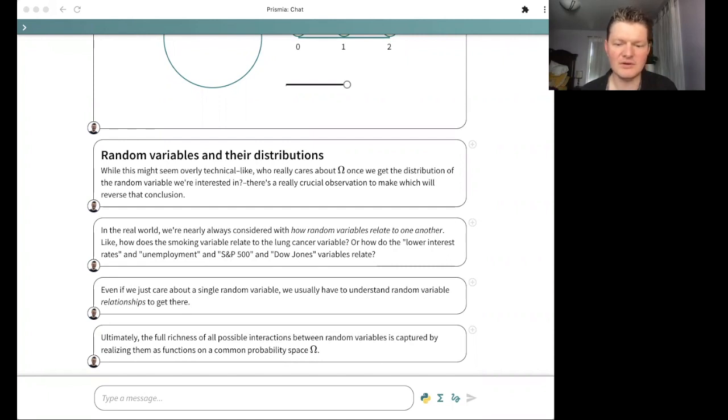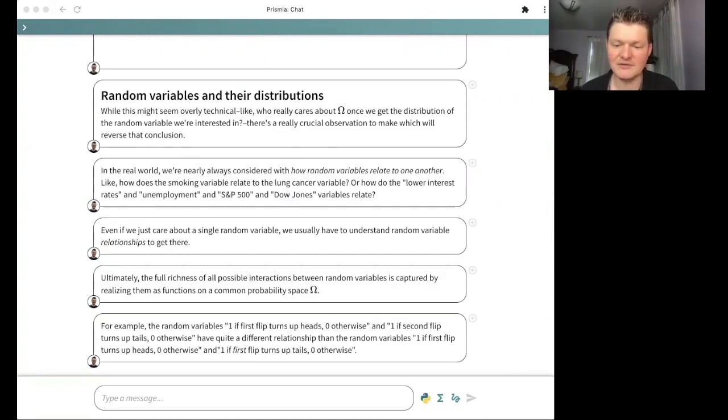So for example, the random variables, 1 if the first flip turns up heads, 0 otherwise, and 1 if the second flip turns up tails and 0 otherwise, those random variables have a different relationship than they would if instead of the second flip, we looked at the first flip for that second random variable.